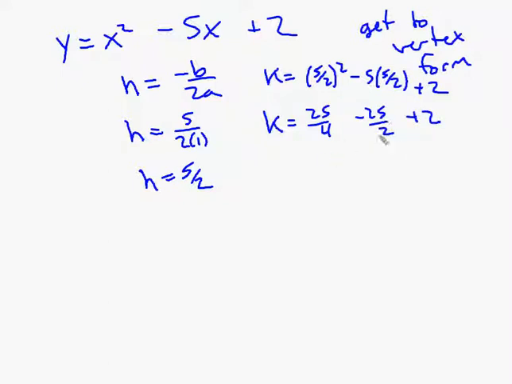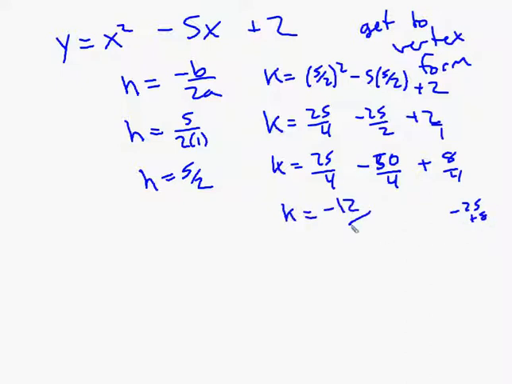Ugh. Get a common denominator. So it'll be times 2 to get a common denominator. So that's a 1. So times 4. And then I get negative 25 plus 8. So negative 17. So k is negative 17 fourths.